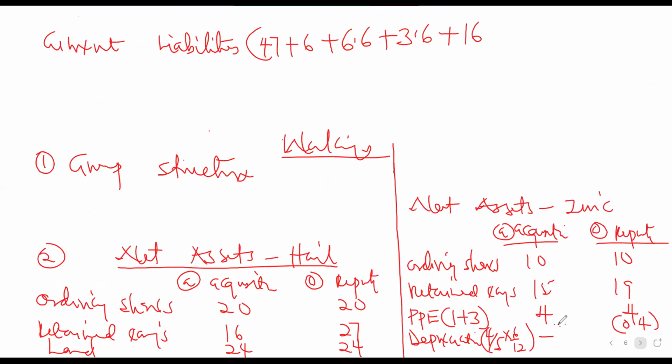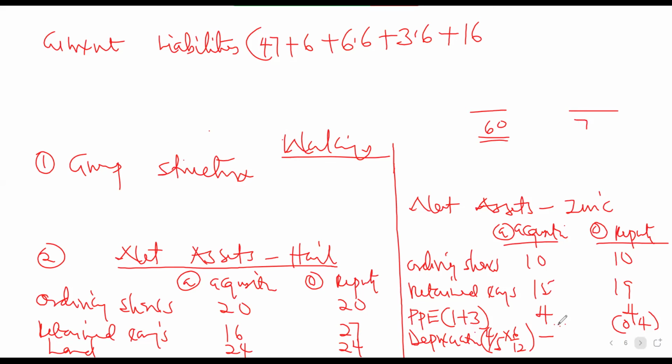Okay, let's find our post-acquisition profit for them. So the net assets at acquisition will be 20 plus 16 plus 24. That will give us 60. So we have 60 over here. Let's count to their reporting figure: 20 plus 27 plus 24.